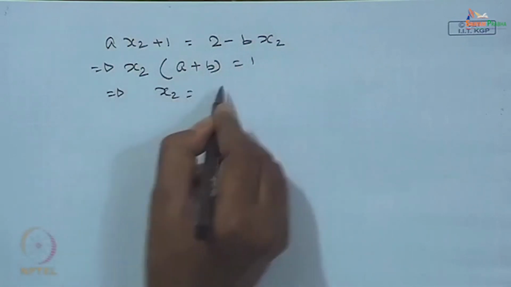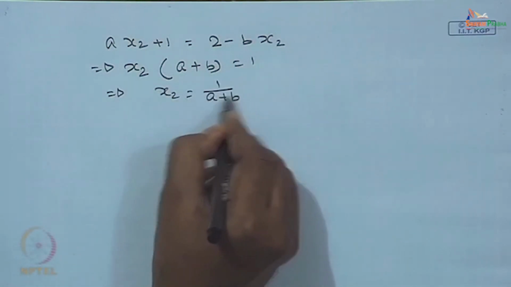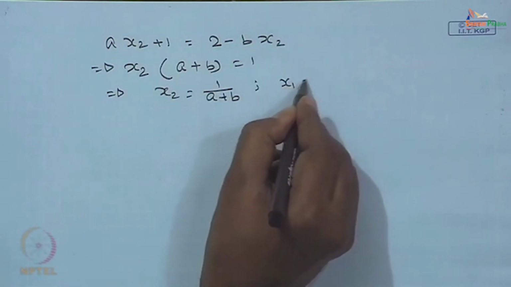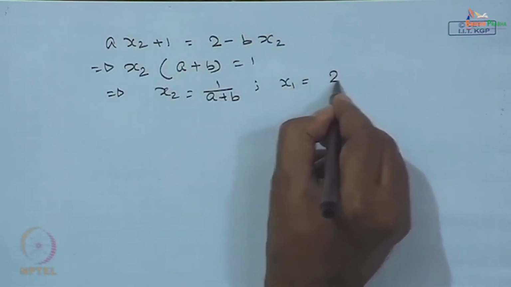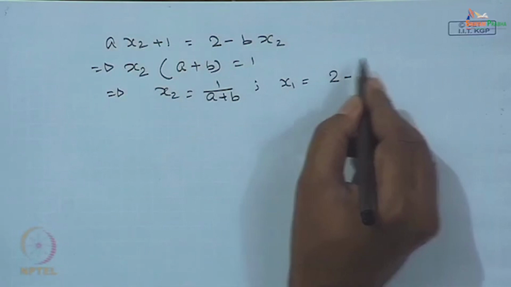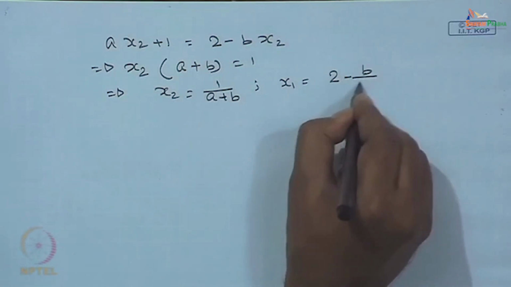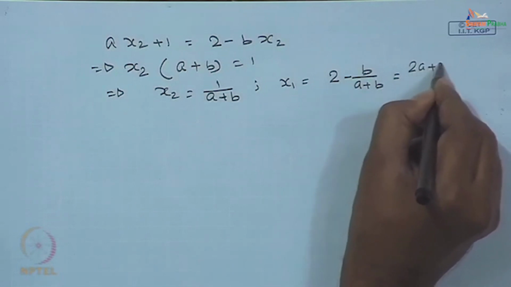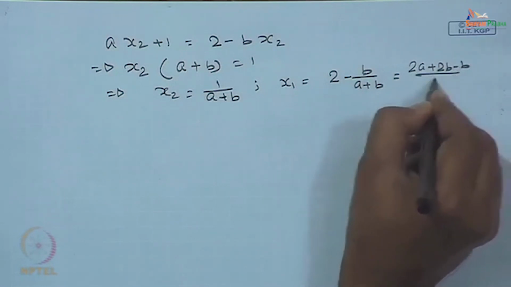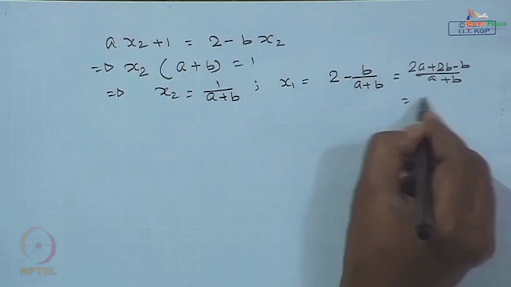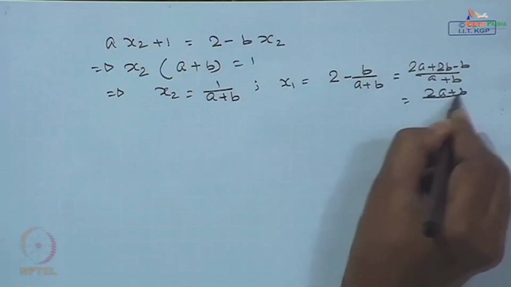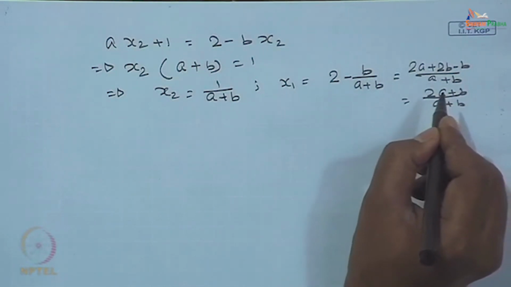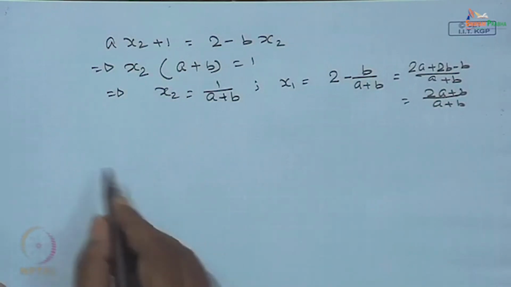So, x2 will be 1 over a plus b, and what is x1? If you remember, x1 becomes 2 minus b x2, so 2 minus b divided by a plus b. So, it becomes 2a plus 2b minus b divided by a plus b, which is 2a plus b divided by a plus b. That will be the second steady state.